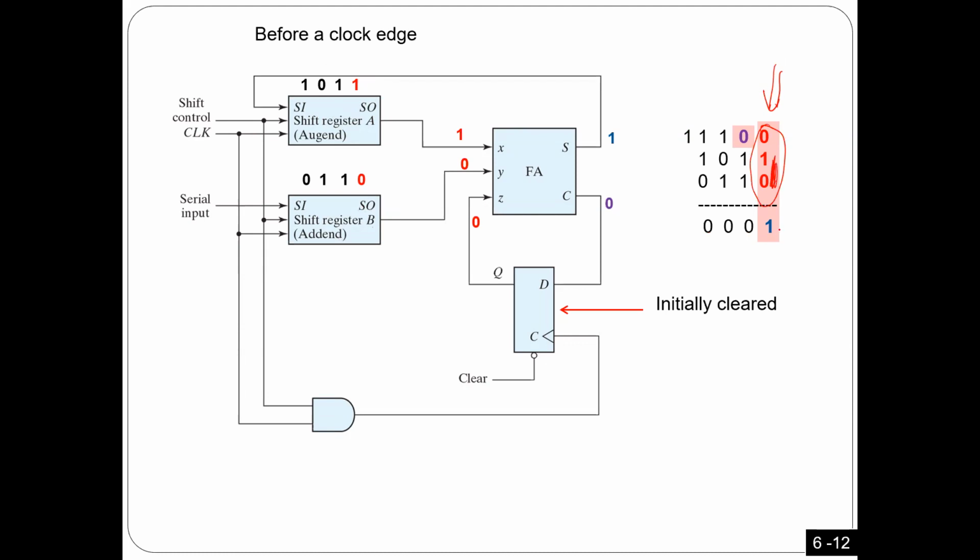Initially, in the very beginning, I have to clear this flip-flop so that I get 0 here, because the first carry has to be 0, right? But the carry resulted from adding these 2 is going to be stored in the flip-flop here, and so on, okay?